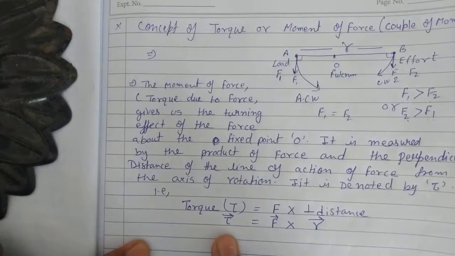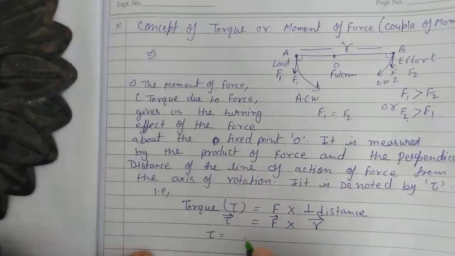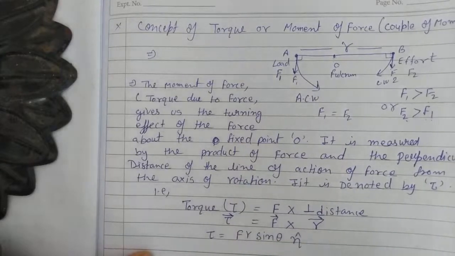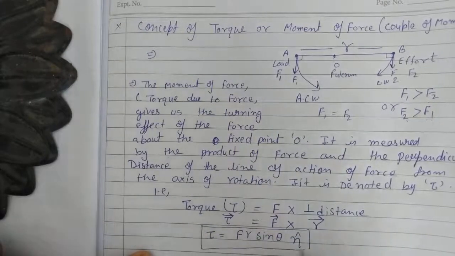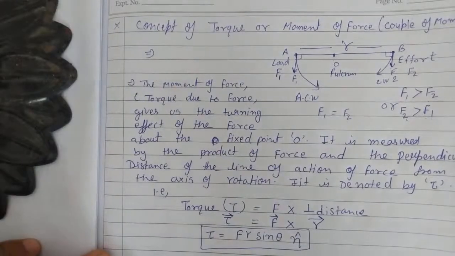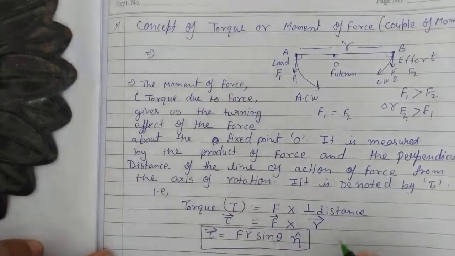Torque is a vector quantity. Therefore this torque is equal to F r sin theta n cap, where n cap is the direction of rotation, or it gives the direction of torque.